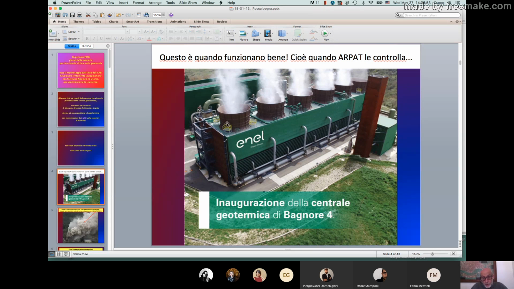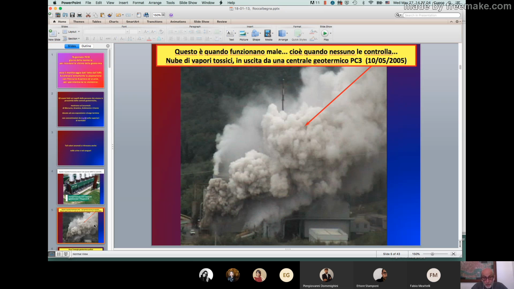Now, there are times at which the geothermal power plants don't work very well, and therefore they have to emit all geothermal gases to the atmosphere. And this is for a power plant at Amiata, what happened in 2005.